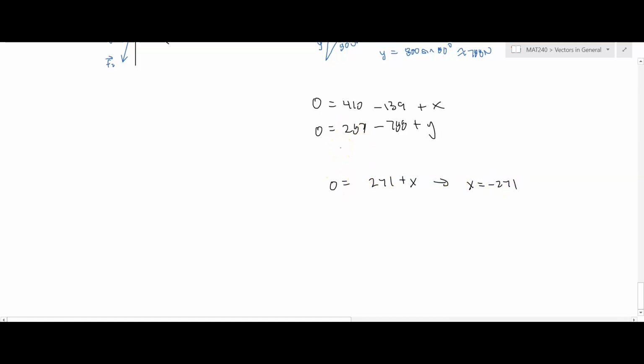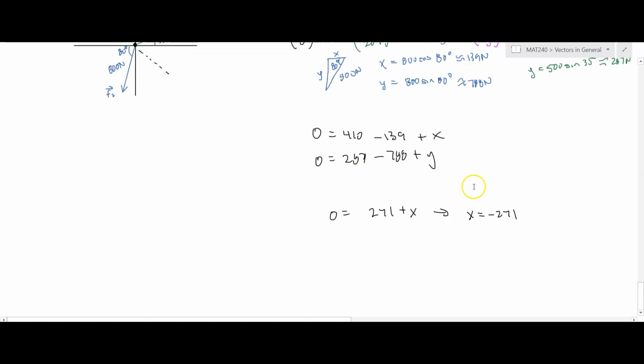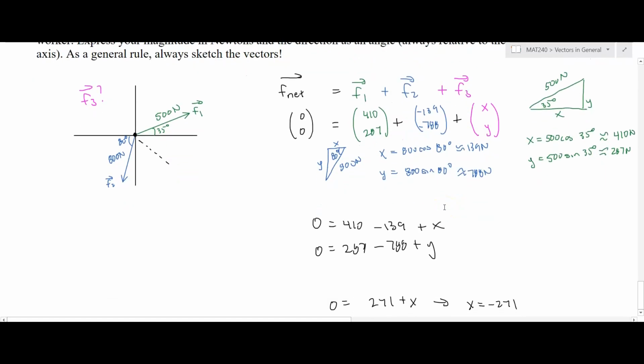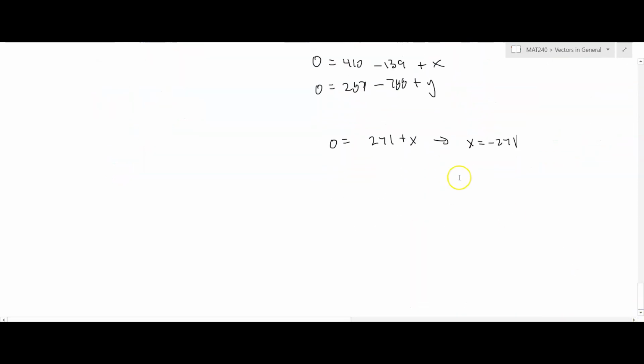And 287 minus 788, make sure I wrote that down right. 287 minus 788 comes out to negative 501. So negative 501 plus y has to equal 0. And therefore, y has to equal positive 501. And so that means that the F3 vector is going to equal negative 271, 501.